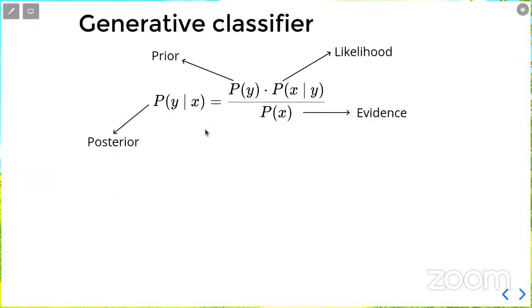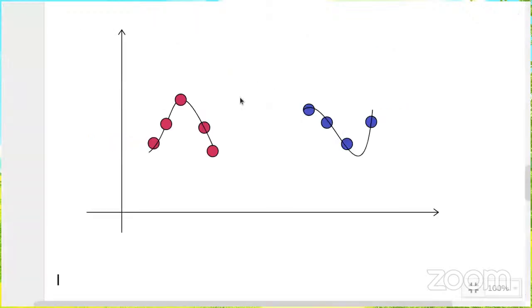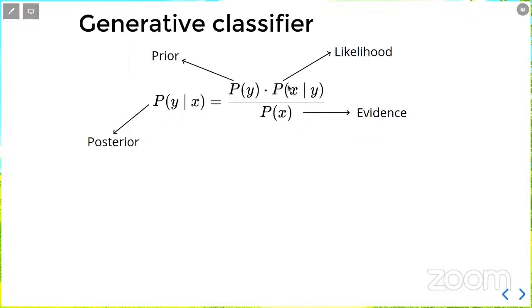That is P of X given Y. The model that I have is P of X given Y equal to 0 and P of X given Y equal to 1. I have 2 models. So how does this help me in classifying a new data point? That is the whole question we are trying to answer. That is what we call a generative classifier.